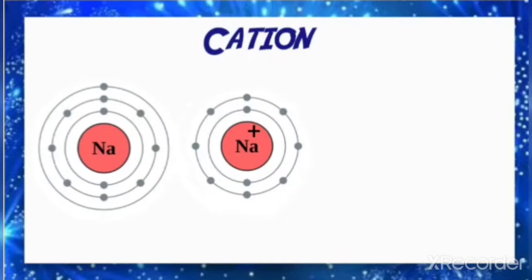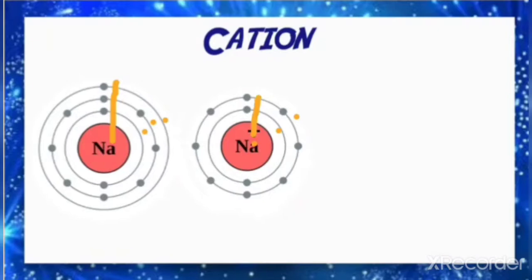Because we are studying the radius, the radius is defined as the distance from the center to the outermost shell of electrons. As we compare the size of the sodium atom with the sodium ion, it is clear that the sodium atom has 3 shells, and in the ion there are only 2 shells. Because of the loss of the outermost electron, the distance is now calculated from the center of the nucleus to the second shell of electrons.